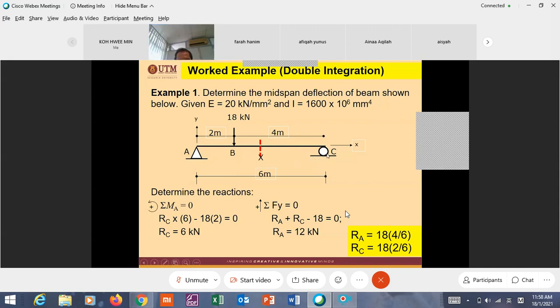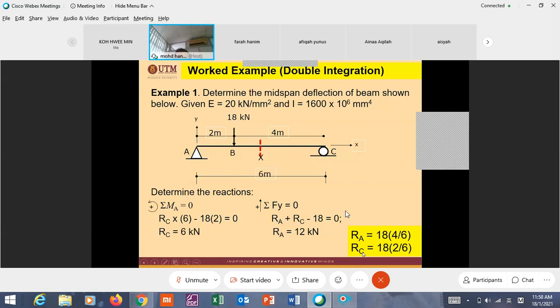And C, as we know, is at the farthest point from 18, therefore the reaction here should be smaller than A. A is the bigger reaction because 18 is close to A. Therefore, we have this common sense.